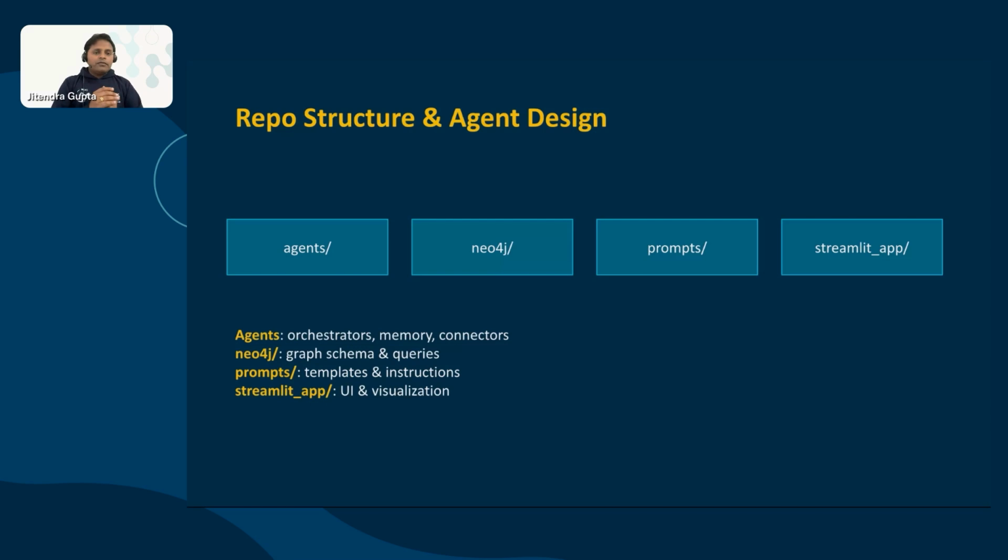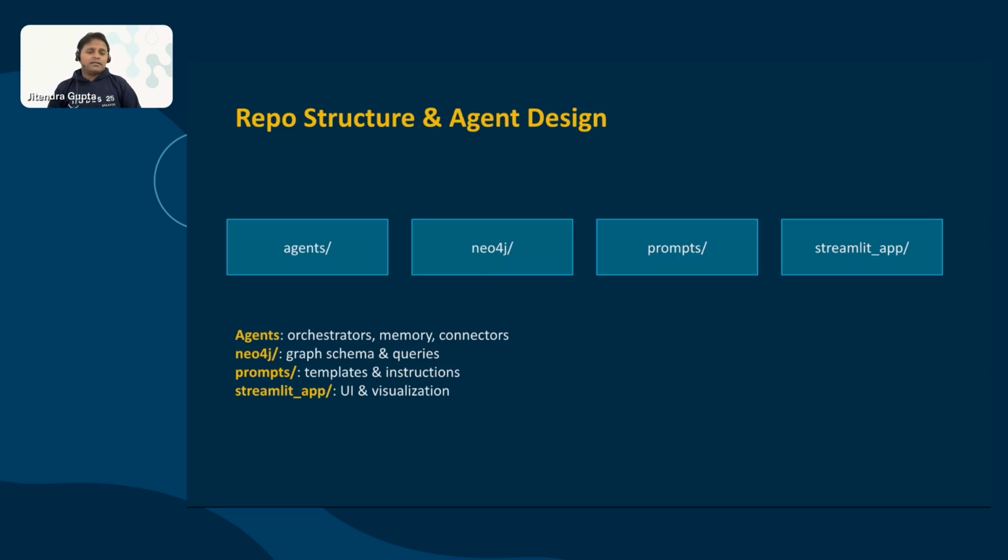While you work on creating your own application around this architecture pattern, I came up with these four folder structures that you can follow. Let's say you have the agents folder where the orchestrations, memory, and the connections are created for the agents.